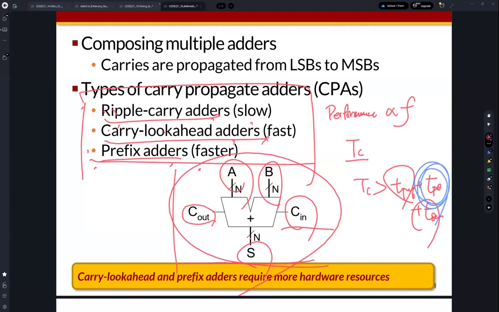So slow and faster represent the delay of the adder circuit, like the TPD. If we want to increase the performance of a system, like the CPU or processors, then these processors need to include a fast adder. We will focus on the delay of adders, because we learned about the timing of sequential logic.